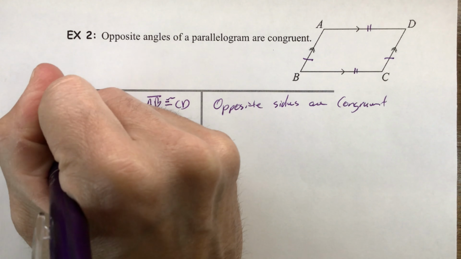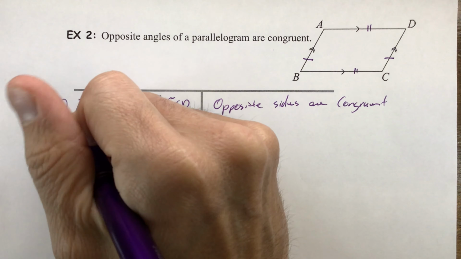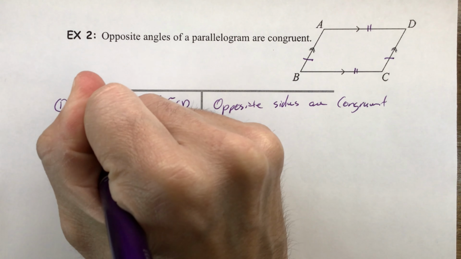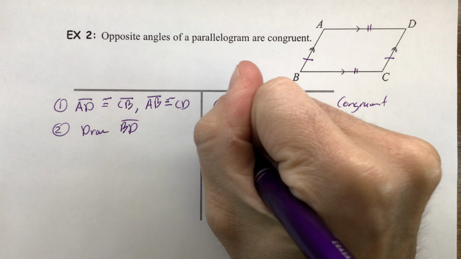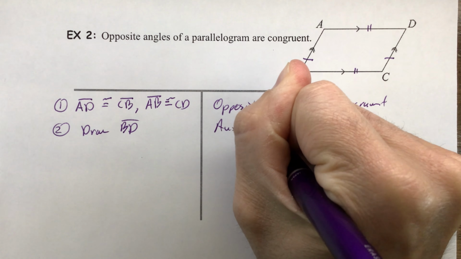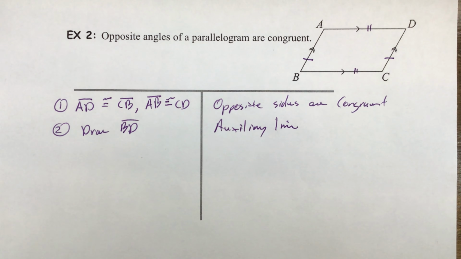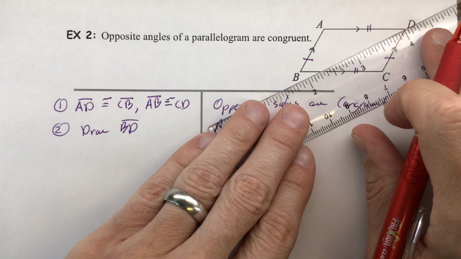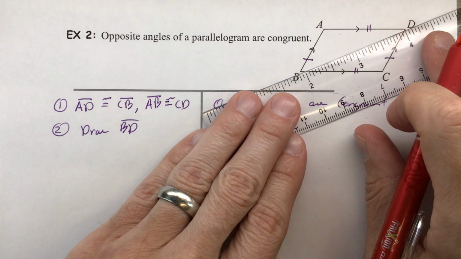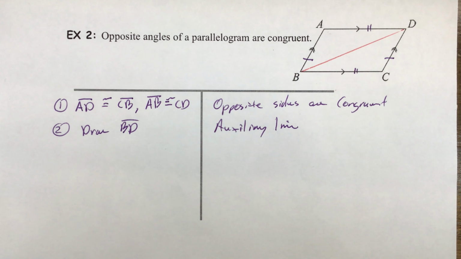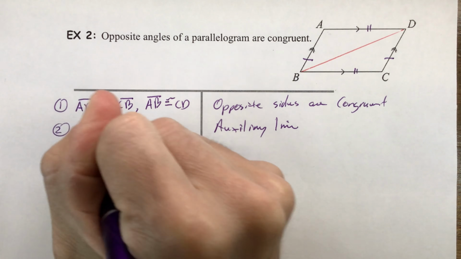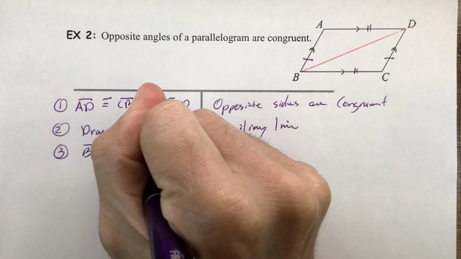All right, for step 2, I'm going to go ahead and draw BD again. And I'm going to follow that up with BD is congruent to DB.